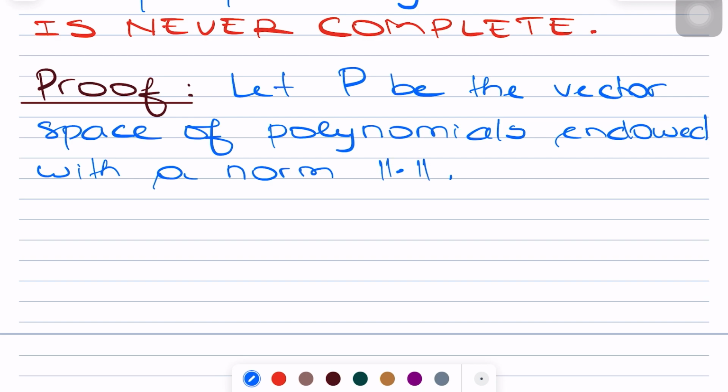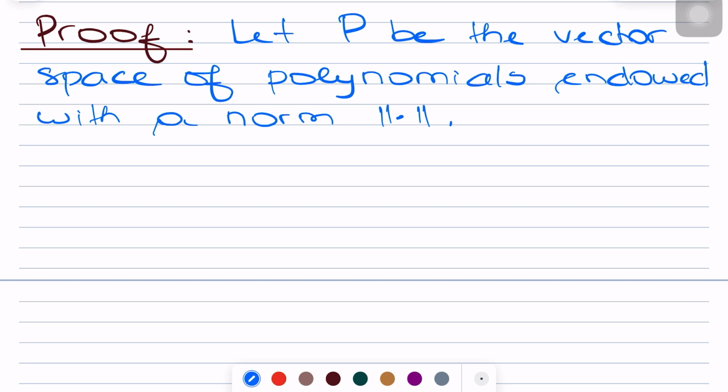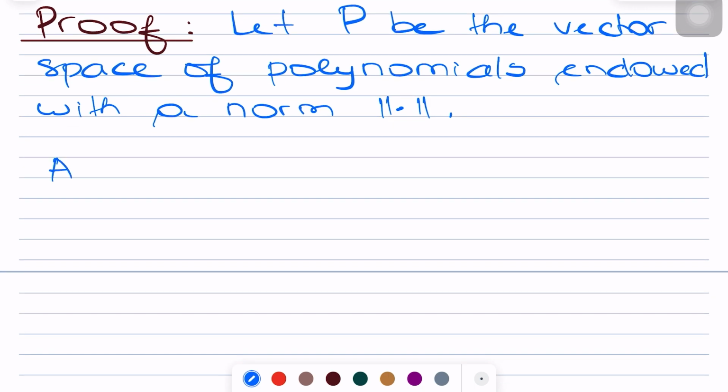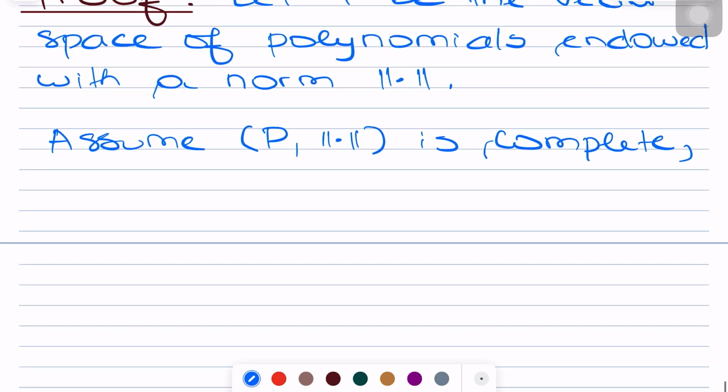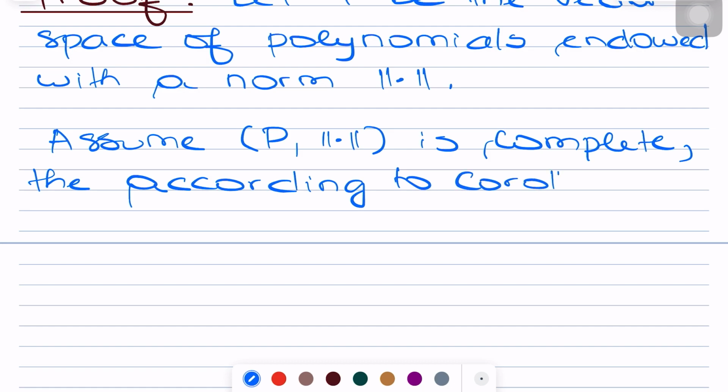So we assume that it is complete, right, by contradiction. So assume P is complete. Then according to the previous corollary, right? Then according to corollary 03, let me highlight that.